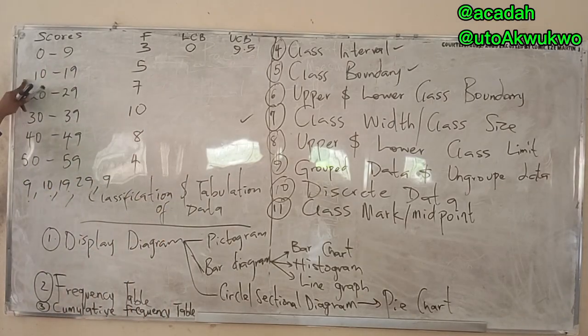Now, to get the lower class boundary of this, you simply subtract 0.5.